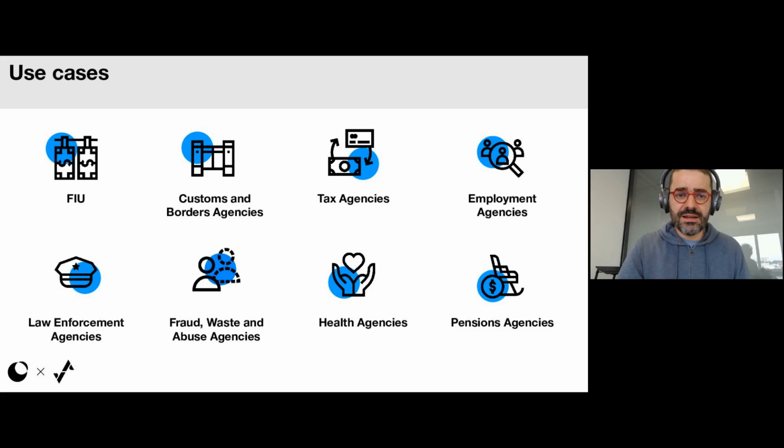And these agencies are the target of increasingly sophisticated criminal networks that are committing large-scale fraud. Another example is that a lot of countries have fraud, waste, and abuse agencies that are tasked, for example, with fighting against political corruption. So these are just some examples of the types of public sector organizations that need new solutions to fight financial crime right now.